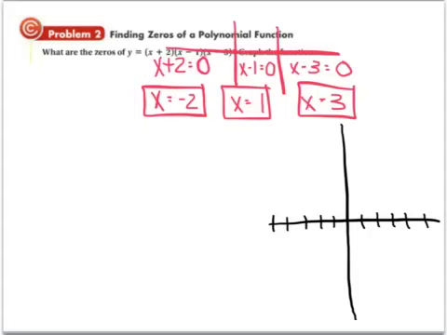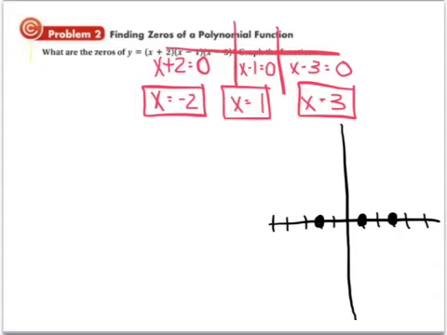So right now, my graph is going to look pretty boring, because all I can do is say I have a point at negative 2, a point at positive 1, and a point at positive 3. But I don't know what happens in between there. So we need to do two things. We need to think back to section 5.1, and we're also going to make a table of values.